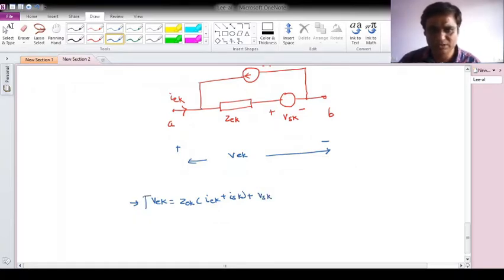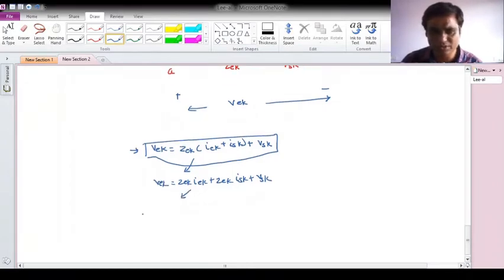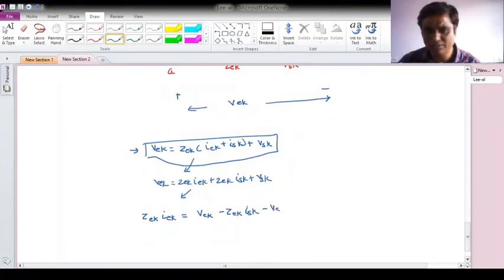So this is basically my resultant equation, and from that I can write it as ZDK IK plus ZDK into ISK plus VSK, which will be VEK. And from that let me write in terms of IK. So ZDK into IK will be equal to VEK minus ZDK into ISK minus VSK.